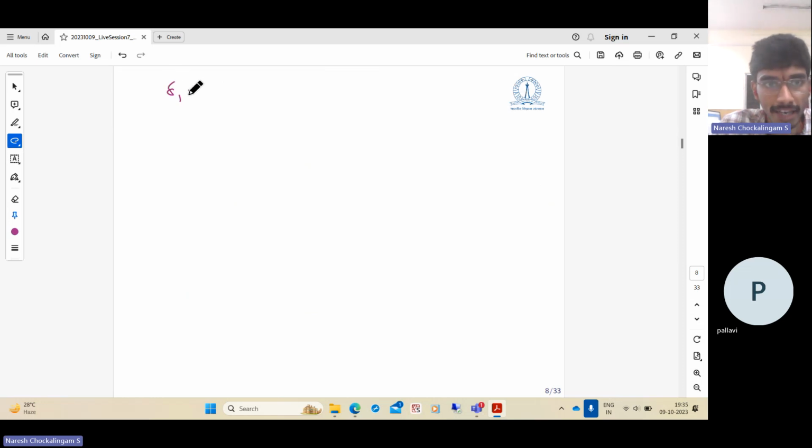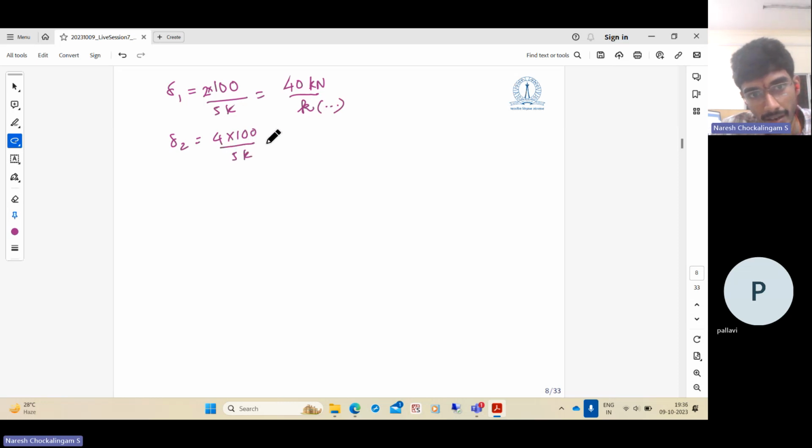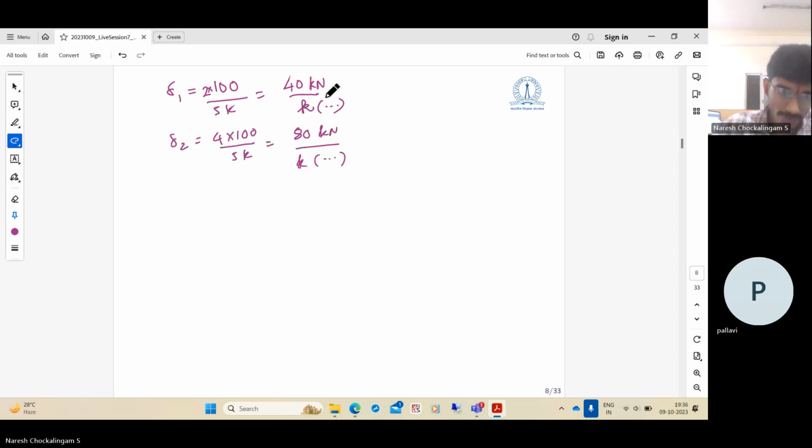So if the load is 100 kilonewtons, delta 1 is 2P by 5K, 2 into 100 by 5K, which is 40 kilonewton by K, K in appropriate units. And delta 2 is 4 into 100 by 5K, so that is 80 kilonewton by K in appropriate units.